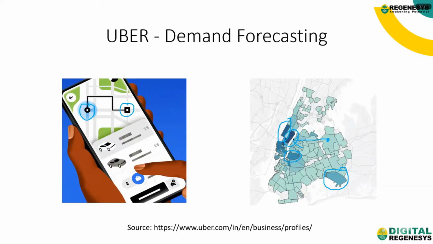This platform will get more popular, the customer base will increase, and eventually that will result in higher profits for Uber. Got it? So this is how data science is transforming all modern businesses. I hope you have got the idea.